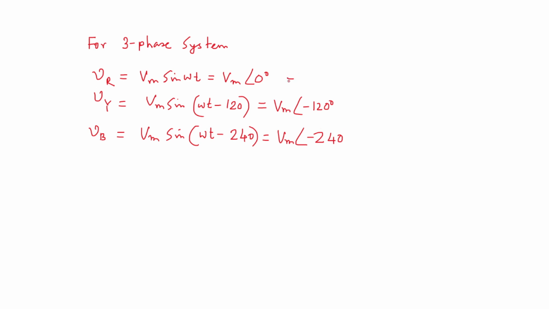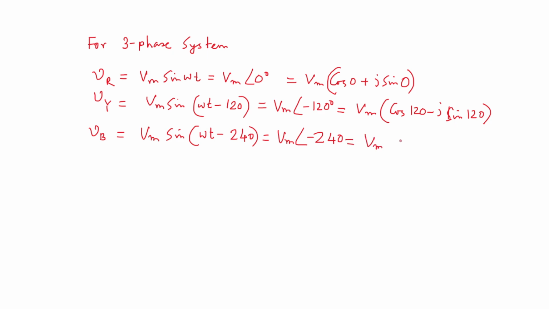Now if you expand this in cosine and sine terms, it is Vm cos 0 plus j sin 0. Similarly, for Vy it will be cos 120 minus j sin 120, and similarly for the B phase it is Vm cos 240 minus j sin 240.